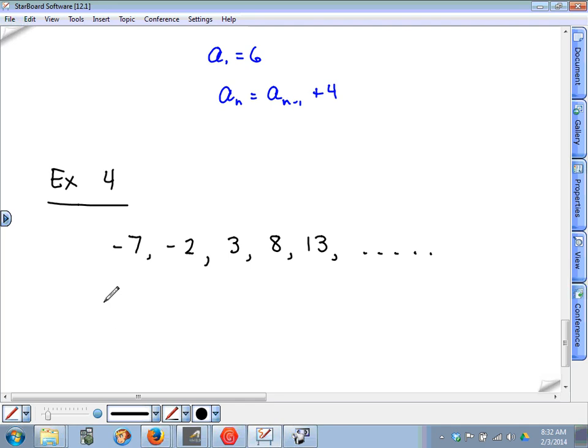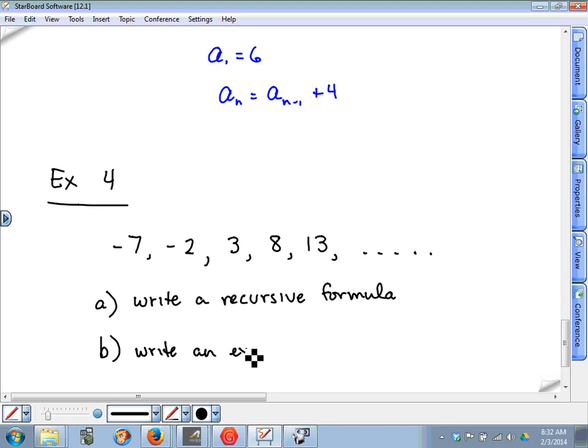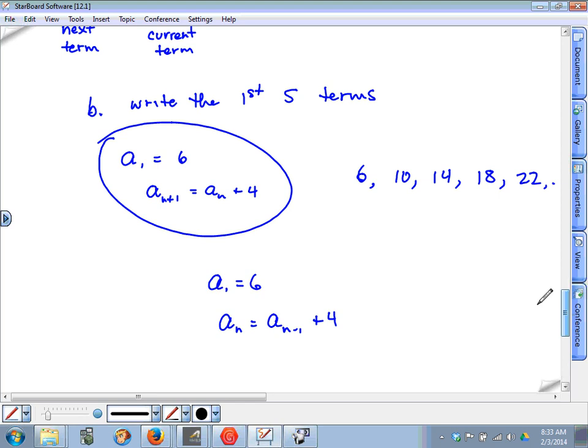I'm going to actually ask you to do two things. Part A, write a recursive formula. Part B is to write an explicit formula. This is a recursive formula, something like this.